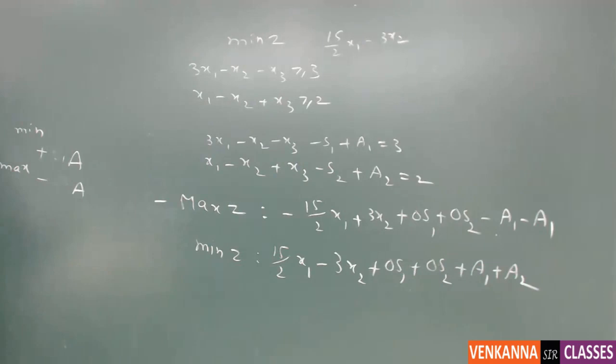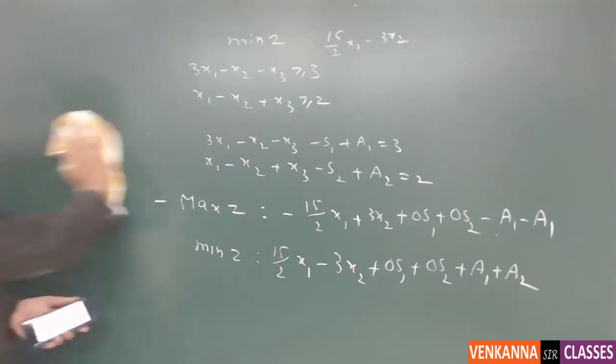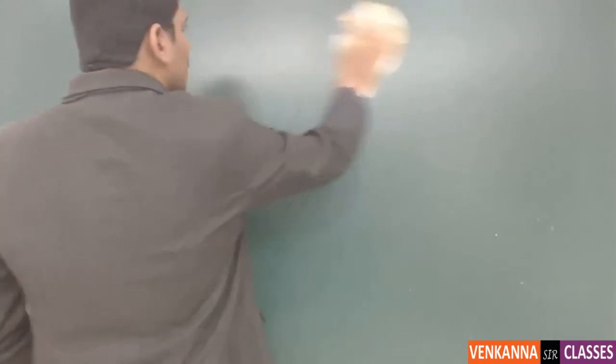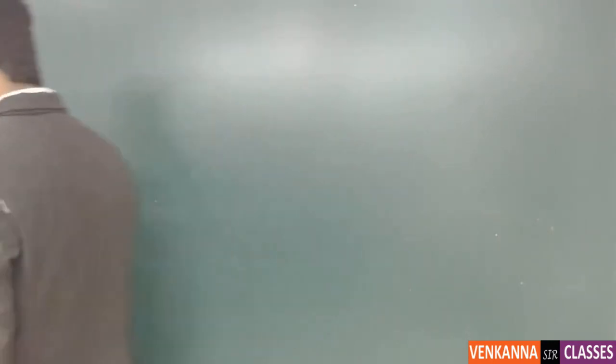Now I am applying the two-phase method here. I am going to construct phase 1. Shall I? Okay. And the point is, we are just changing the objective function only.